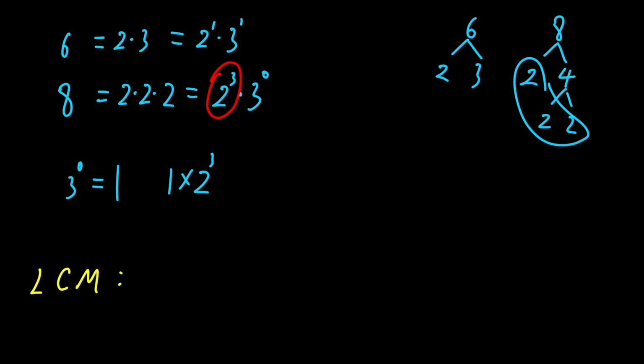And then 3 to the power of 1 has the greatest exponent. So the LCM will be this, multiplying them together. Simplify a bit, it will be 8 times 3. And then it will be equal to 24.